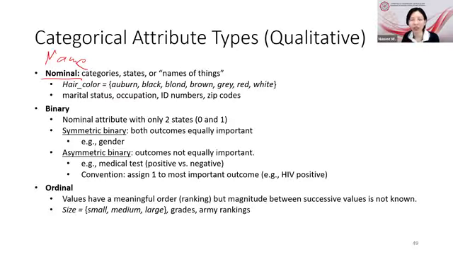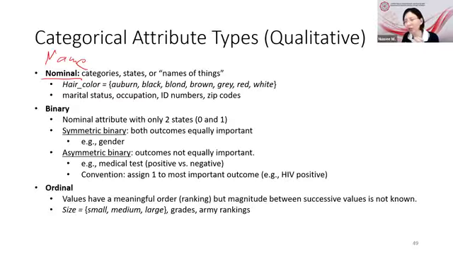For binary, you can also categorize into symmetric binary or asymmetric binary. Symmetric means the outcomes of the binary 0 and 1 are equally important. For example, if you encode gender as 0 and 1, female and male, no one is better than anyone, right? So it's symmetric. But some applications have asymmetric binary.